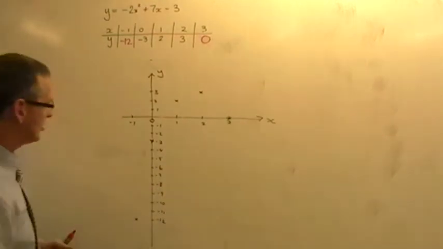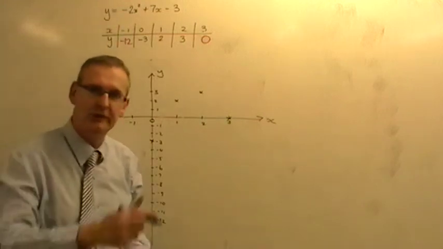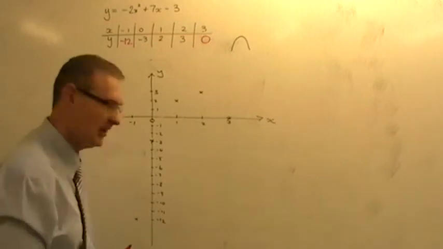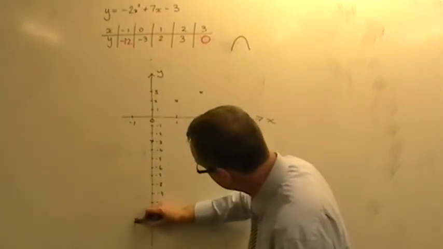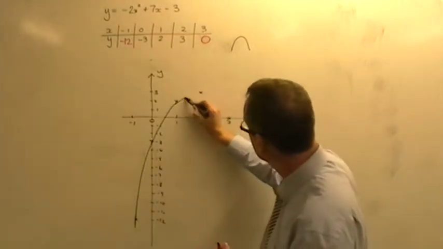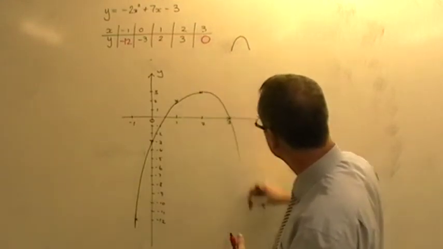So what we're actually getting is, it's a minus x squared graph, so we're expecting an n shape, but we're not getting a perfectly symmetrical picture here. What we're getting, let me do it in a smooth flowing curve, is something like this. Something like that.